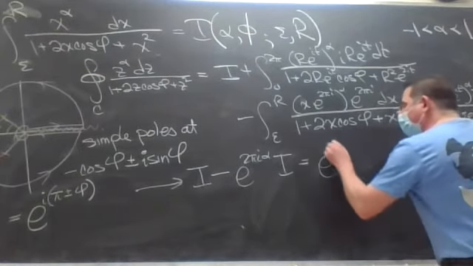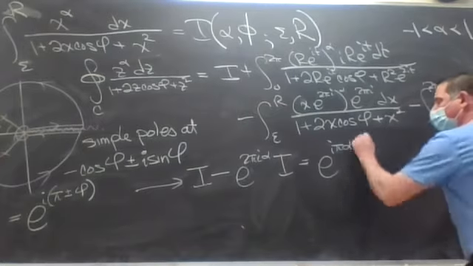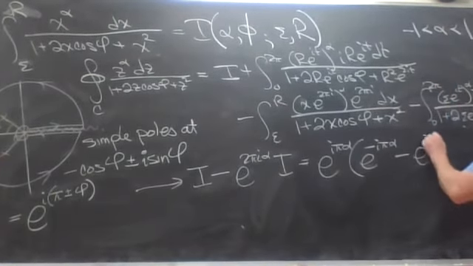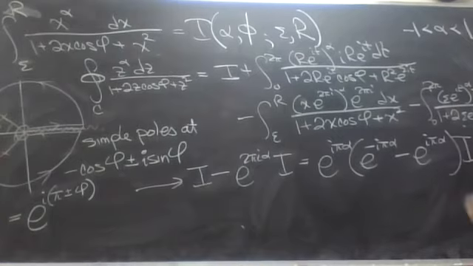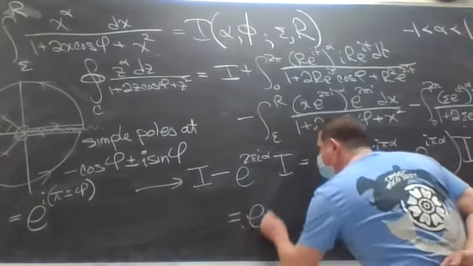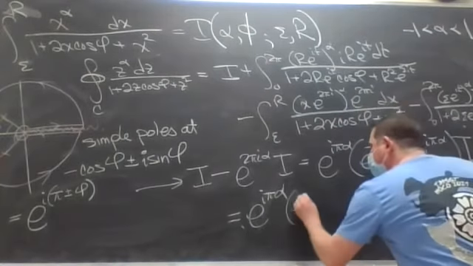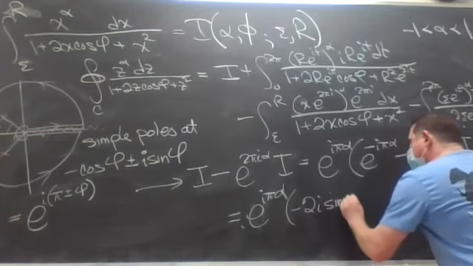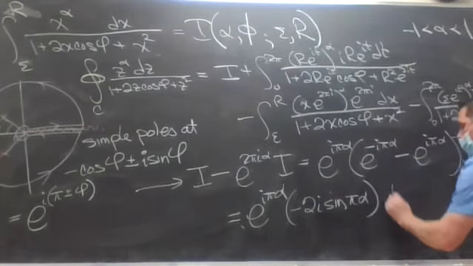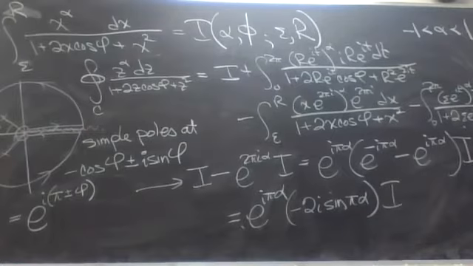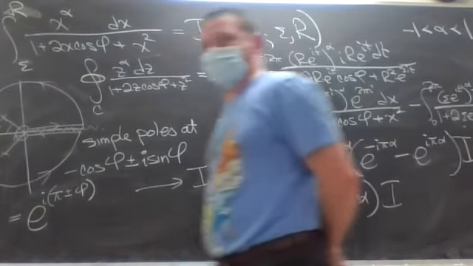I'll have e to the i pi alpha, e to the minus i pi alpha minus e to the i pi alpha, capital I. So that gives me e to the i pi alpha times minus 2i sine pi alpha times capital I. All right, so that's one part of the manipulation.